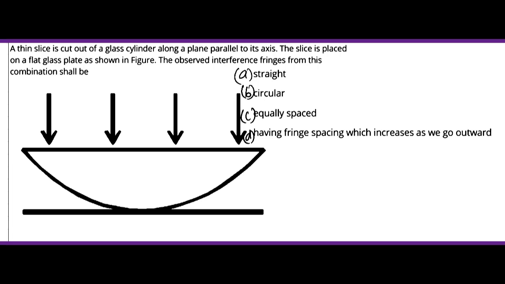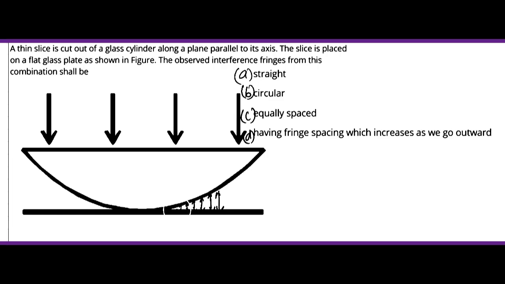So when a cylinder is placed, part of a curved surface is touching the thin glass plate. It forms a thin film in which the thickness varies as we go outwards, right?